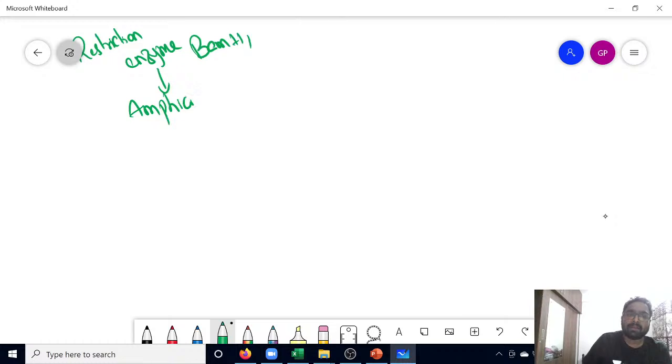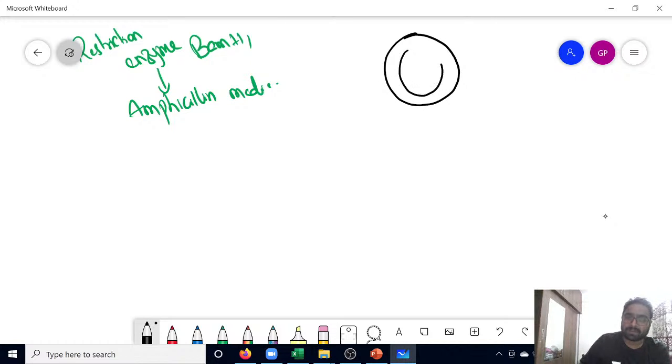Ampicillin media. Keep in mind, ampicillin media. Now just recollect, guys, the plasmid structure. Every time you have to remember. This is TET-R, this is AMP-R. So BamH1 is acting on where? TET-R only. BamH1 does not have a restriction site in AMP-R.